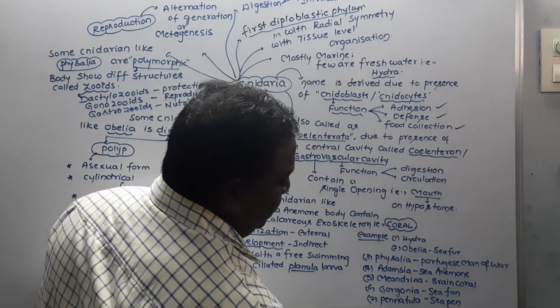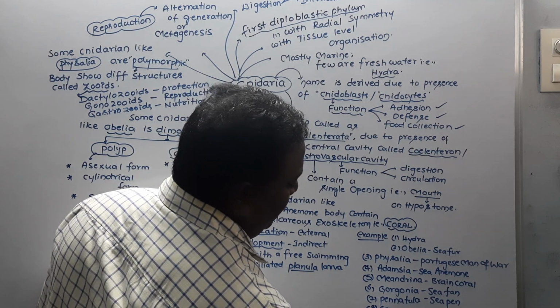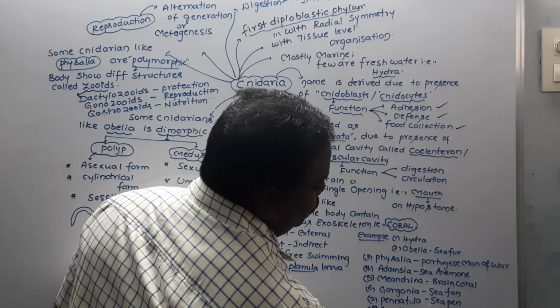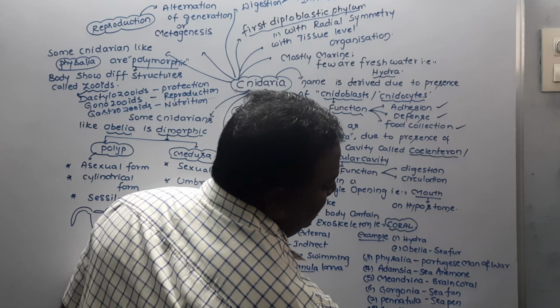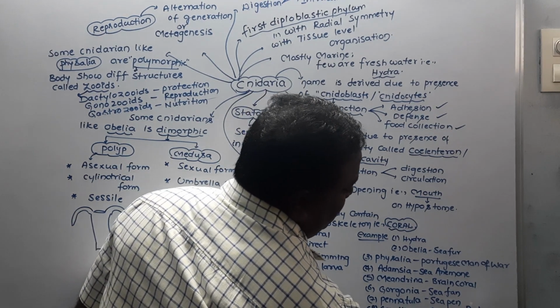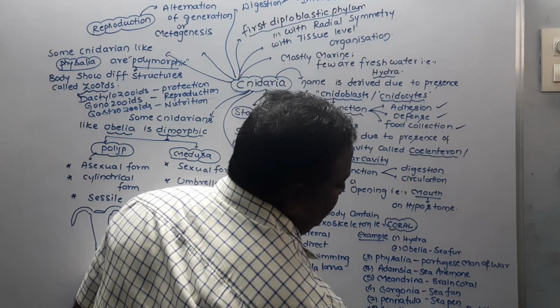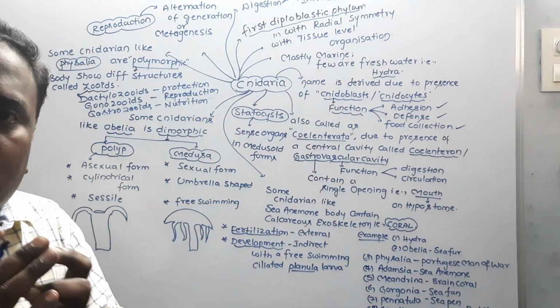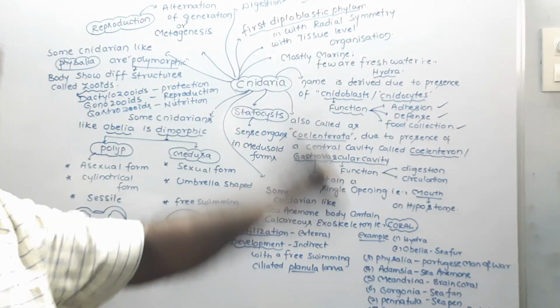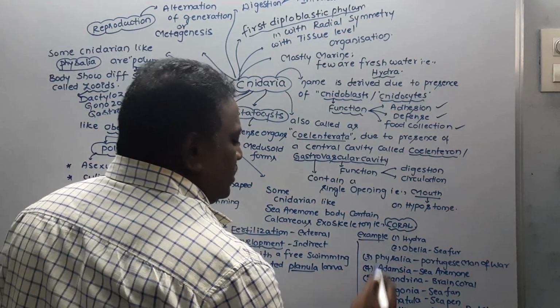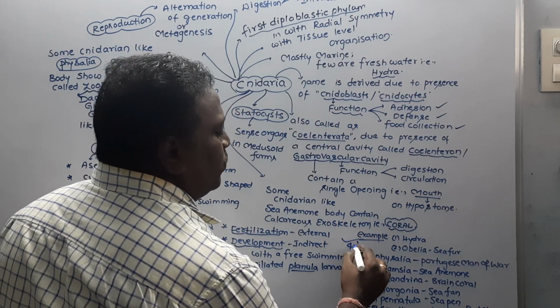And one more example is Corallium rubrum, which gives the precious red stone coral. The precious red stone coral is obtained from Corallium rubrum. That is most important; they may ask it from the NEET point of view, as a 4 marks question.